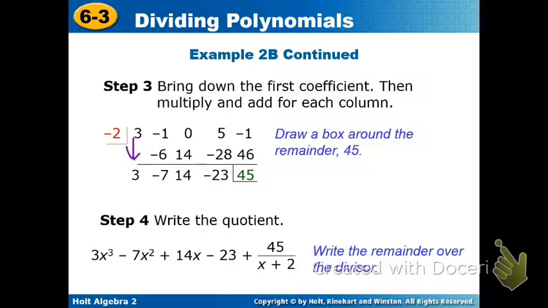You brought it down, and then you kept going. That ended up with 3x cubed minus 7x squared plus 14x minus 23. And remember your remainder, it's always in the box, your remainder over your divisor. Any questions on that one? I think I got around to everybody, maybe all but a couple of people. Questions on that one?